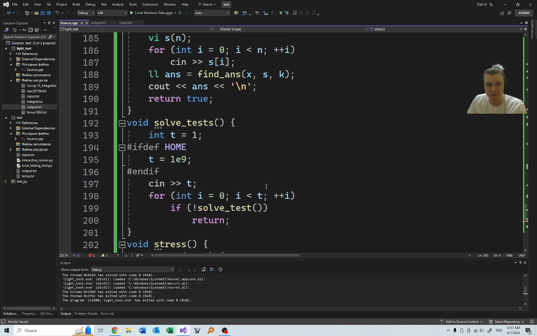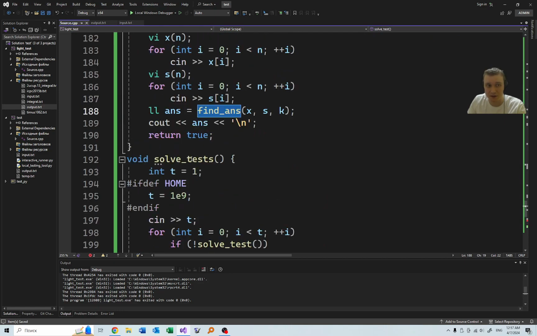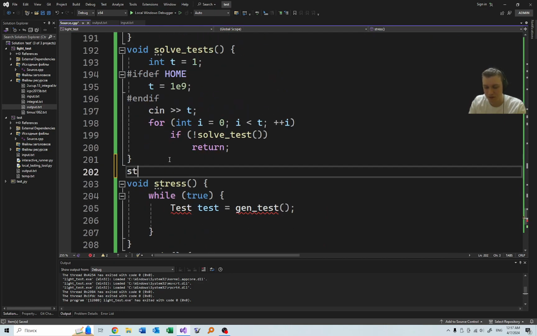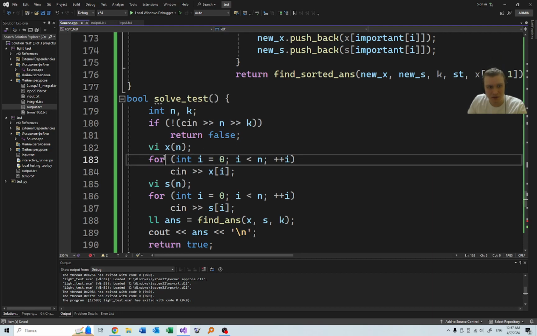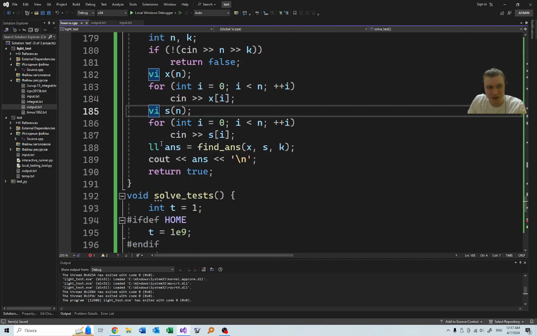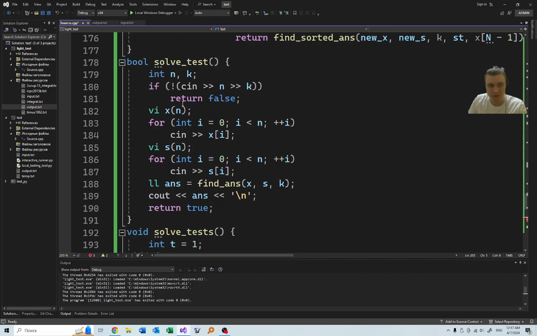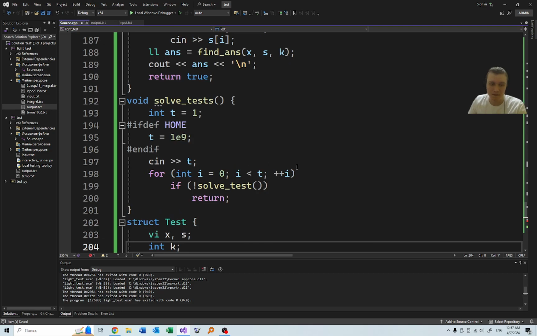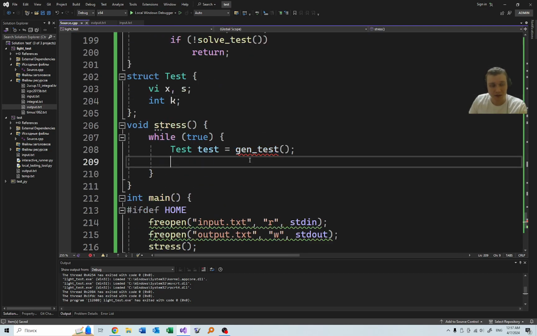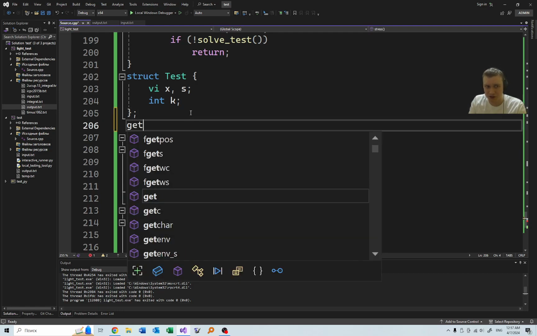Then you feed it to two solutions, your solution and the fast solution. So the test consists of two vectors and a number. Basically, that's it. Actually, we can already generate a test.